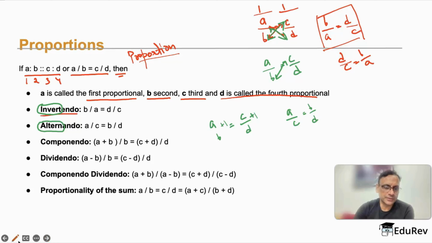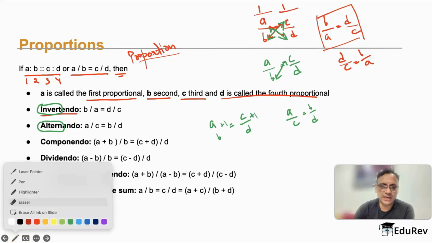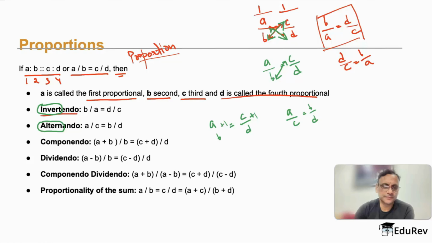We are just adding it here. So when you do this, it will become A plus B upon B is equal to C plus D upon D. And this format is called componendo.